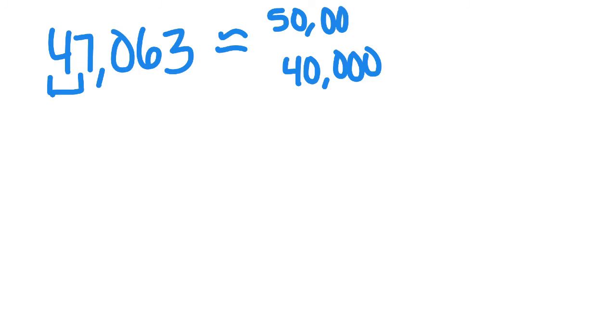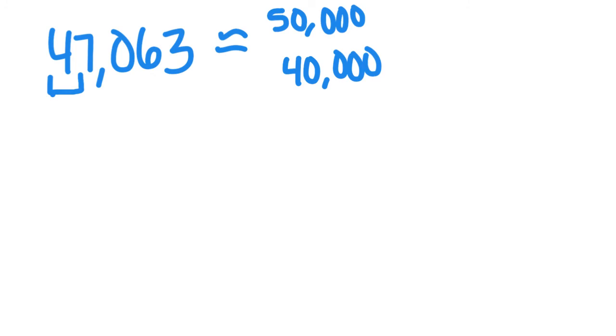Let's see what happens when we have an even bigger number, like for example 47,063. We need to round to our largest place value, which in this case is the 10,000s place. So 47,063 is going to be somewhere between 40,000 and 50,000, right? Those are the two 10,000s that it's between. So is 47,063 closer to 40,000 or is it closer to 50,000?